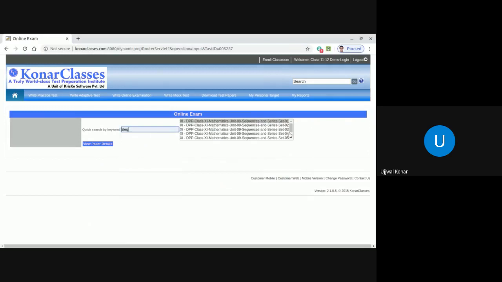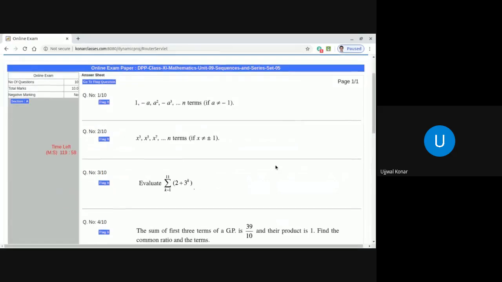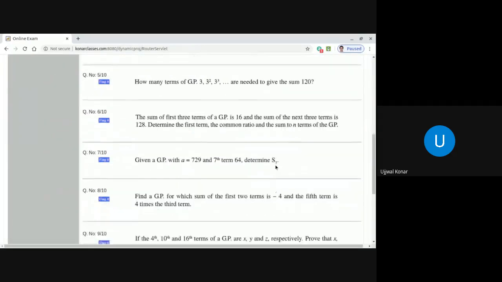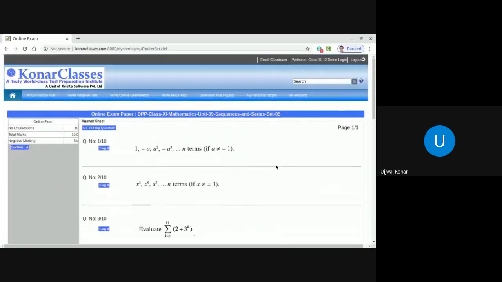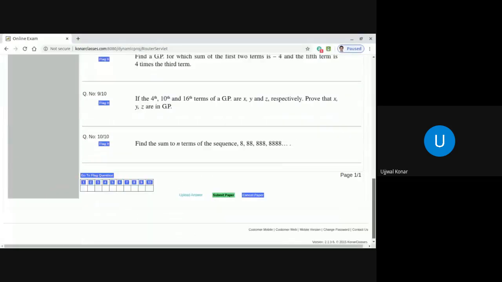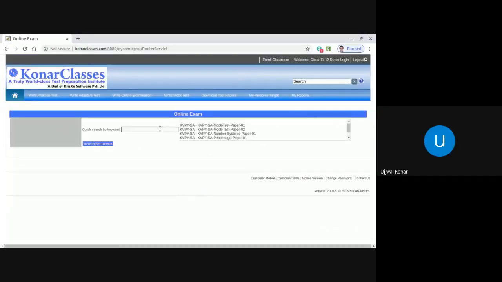Then you go to sequence and series 3, 4. So definitely set 4 you should do, and this also you should do. This is all related to GP. So set 5 you should do as well, dear students. Set 4 and 5.